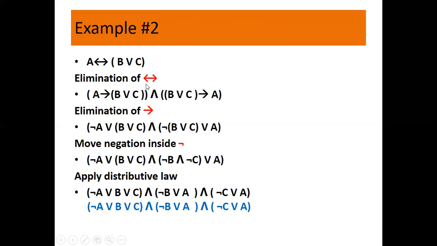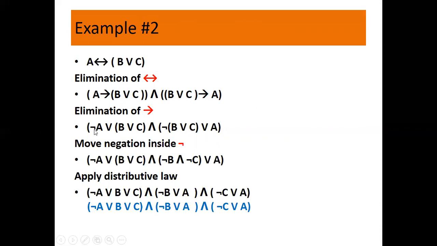Now once you have eliminated the biconditional operator, we'll eliminate the implication connective, right? We have it here, and we have it here also. So how will we eliminate it? We will just add negation and or operator, right?